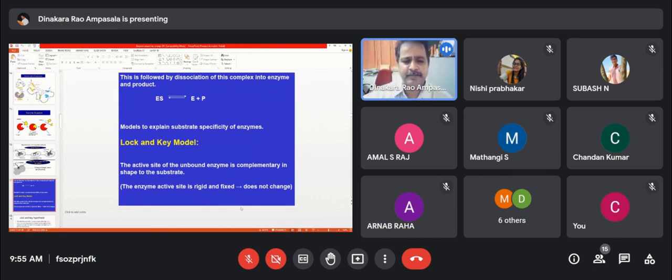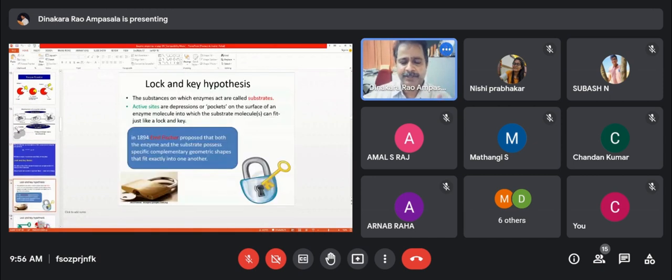First, the lock and key model. You know this one. In this model, the enzyme active site will have a rigid shape. Okay, so that will not change. If the substrate has the same shape, then only it will bind to that active site.